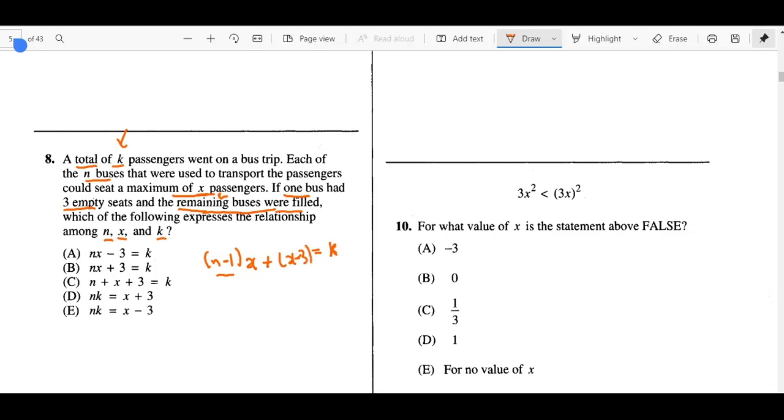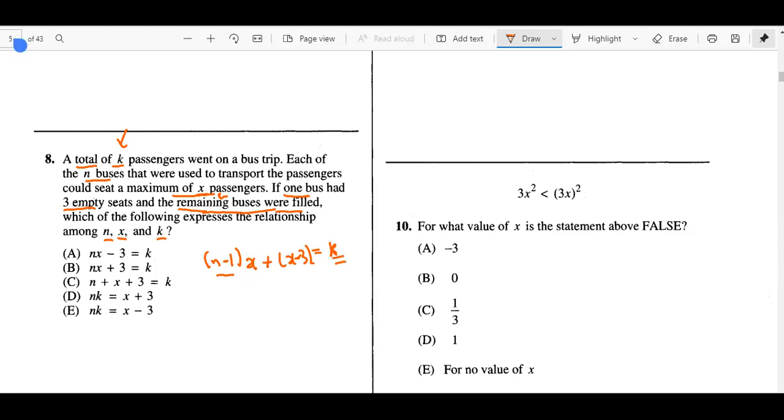Why? Because total capacity is of x and 3 seats were empty. So we are going to get x minus 3, right? So are you clear with this equation? And so this would be equal to the number of k passengers.